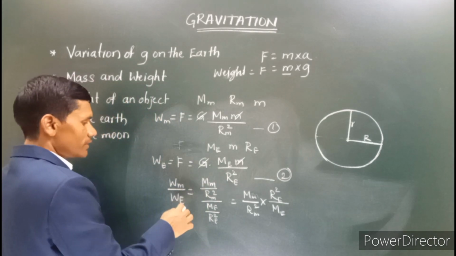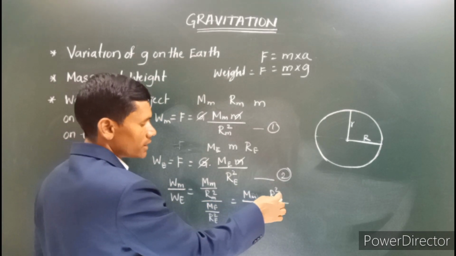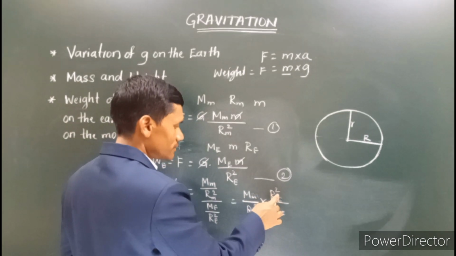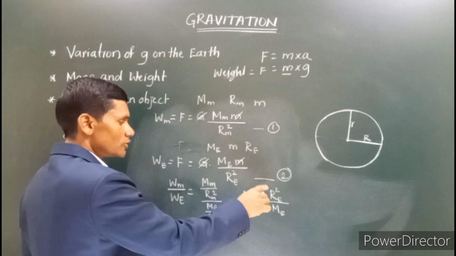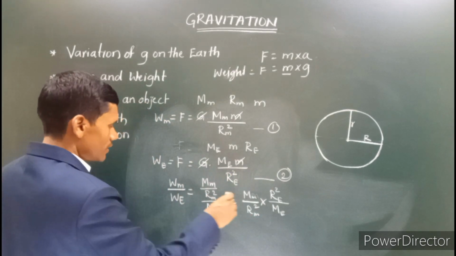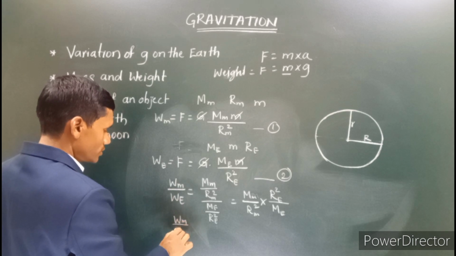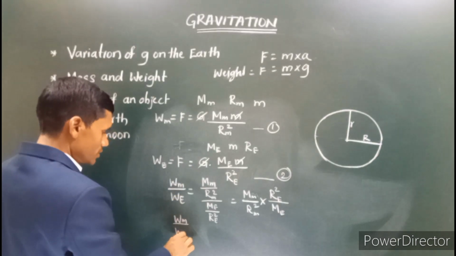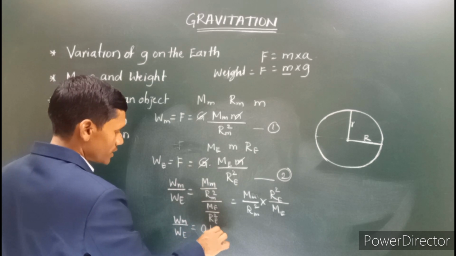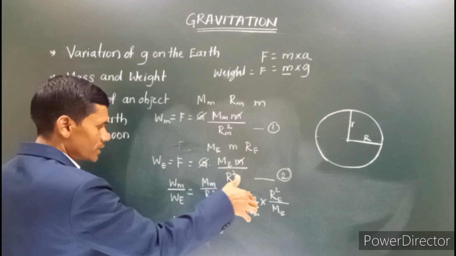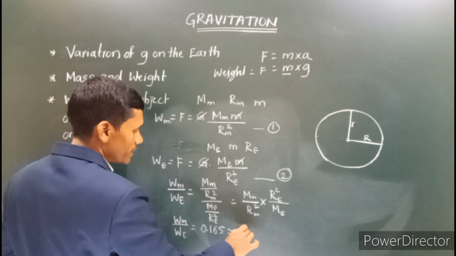Now if you substitute the values of the mass of the moon, radius of the earth, mass of the earth and radius of the moon, we get the ratio of the weight of the object on the moon and the weight of the object on the earth as 0.165, which is approximately equal to 1/6.